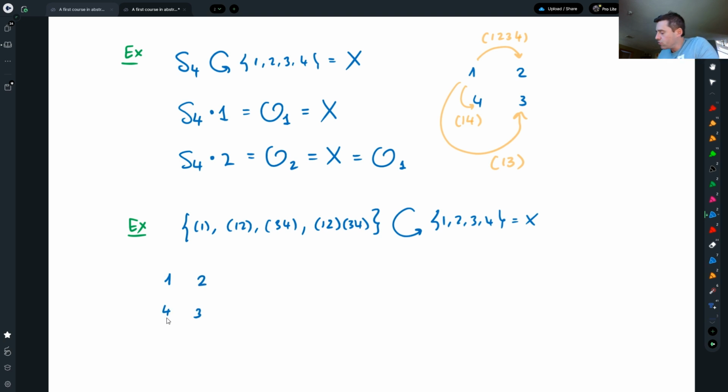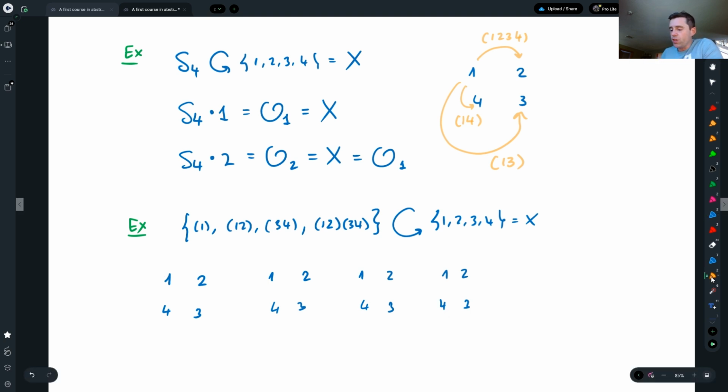Let's draw diagrams for the identity. So I'm going to draw 4 elements, 1, 2, 3, 4, and 1, 2, 3, 4. Let's draw diagrams for each element. So the identity just sends everything to itself.